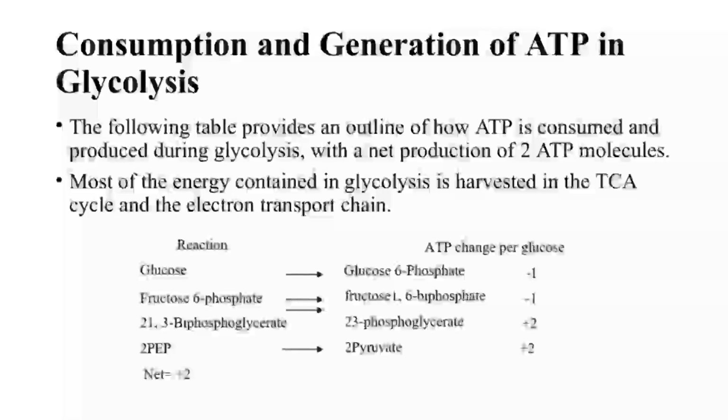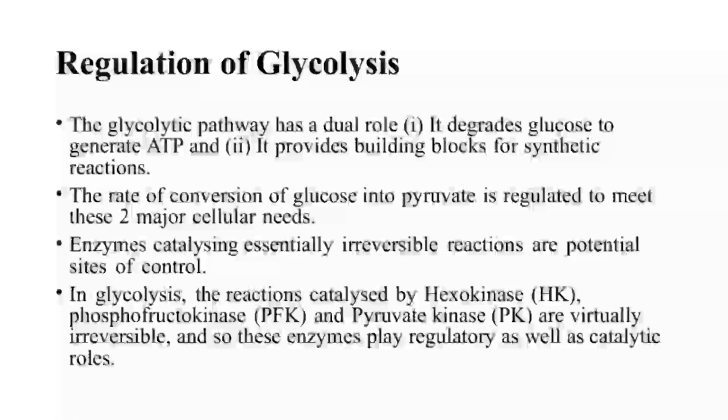These steps are where the real energy payoff happens, allowing our cells to produce the majority of ATP needed for various functions. So this table helps us see the balance, how initial investment in ATP sets the stage for a larger energy return in subsequent stages. It's a key part of understanding how our cells efficiently extract energy from glucose, fitting into the bigger picture of cellular respiration. The glycolytic pathway has a dual role in the cell.